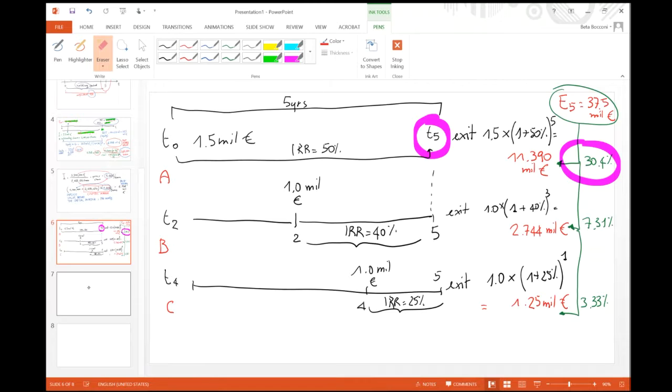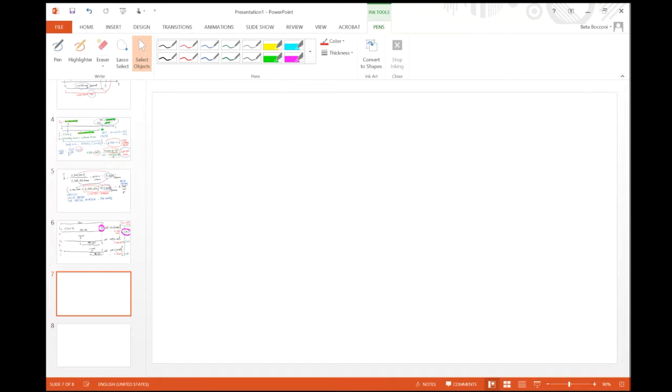In order to do so, we have to introduce a concept which is intuitive and is the so-called retention ratio. Follow me in this reasoning. The retention ratio for investor A is a thing of this kind. We know that at the beginning, at T0, we enter and our stake is the only one, so we don't share this stake with any other investor.